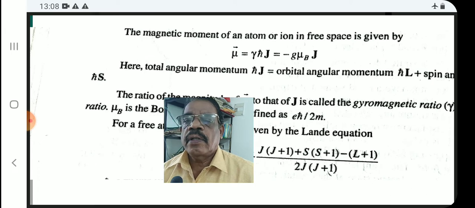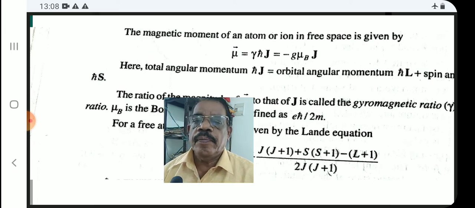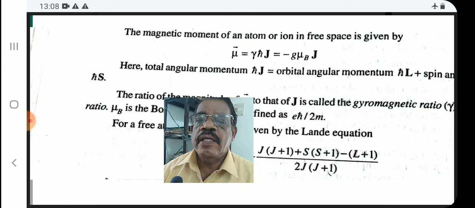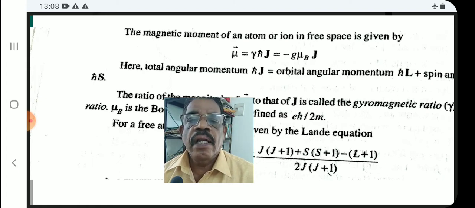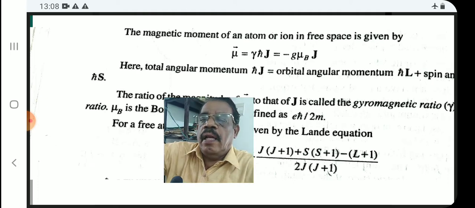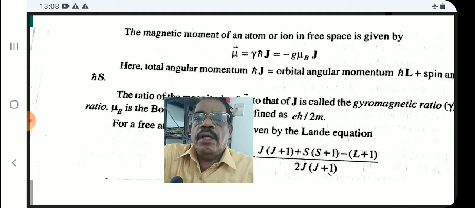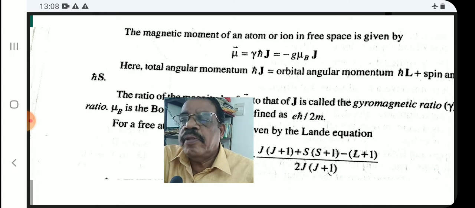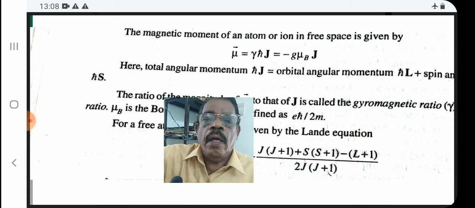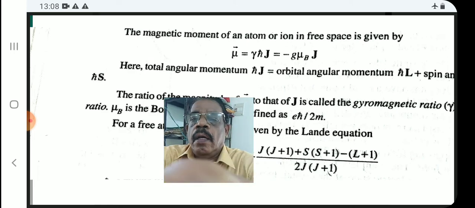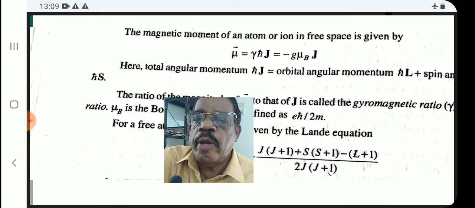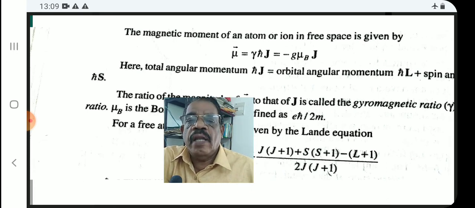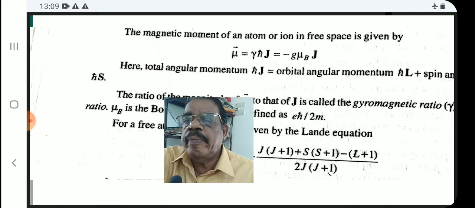Here the total angular momentum h j is equal to the orbital angular momentum h L plus the spin angular momentum h s.